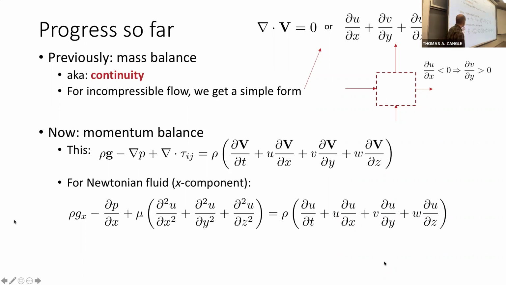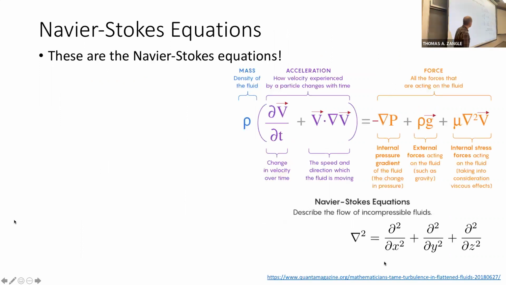If we combine the momentum balance for a Newtonian fluid with the mass balance for an incompressible fluid, what we end up with are called the Navier-Stokes equations.